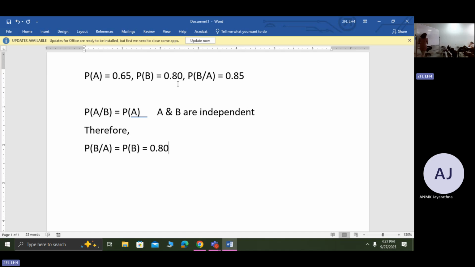Then plus the probability of machine B and defective one. Then plus machine C and defective one.